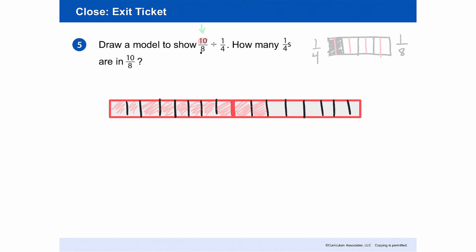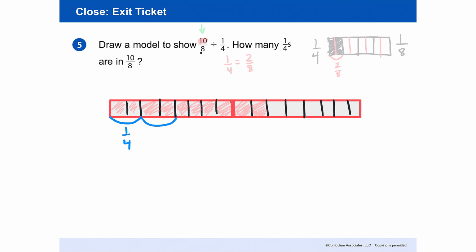Now we have 8. How many of those are there? There's 2 eighths for every 1/4. So I know 1/4 is the same as 2 eighths. So that means when I'm looking on my model, I'm going to be grabbing 2, right? 2 eighths is the same thing as 1/4.